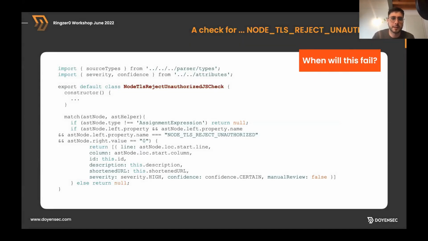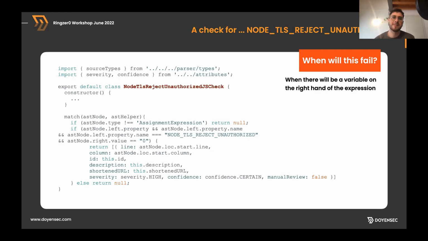Can you see the final result? Okay. Yep. So this is basically what we built. As I was saying, we are writing SAST checks, static checks. So chances are that there are some cases in which, even if we are certain that we are looking at an assignment which on the left has our string and on the right we have our 0, that doesn't mean that it will always work.